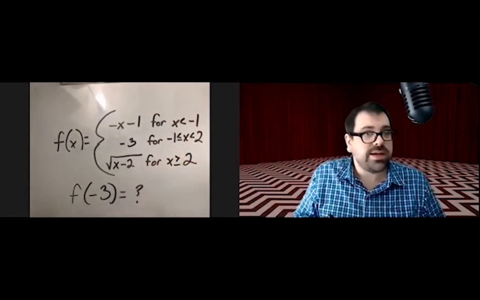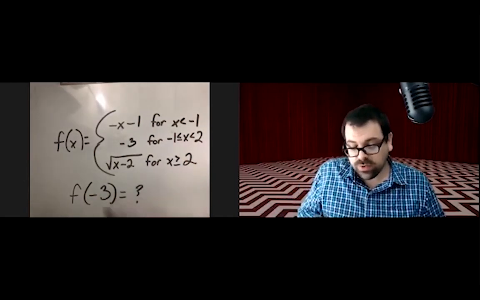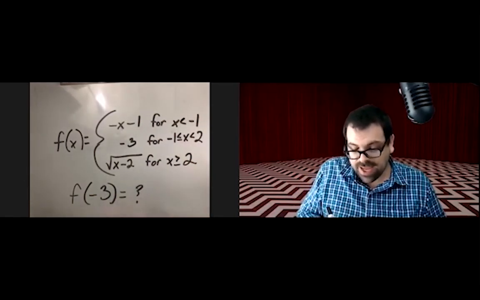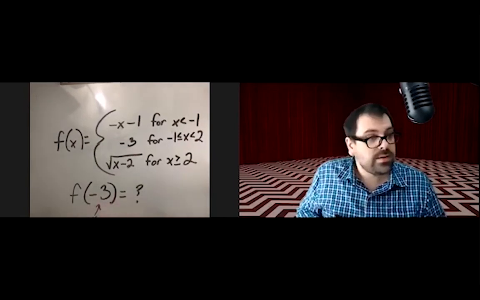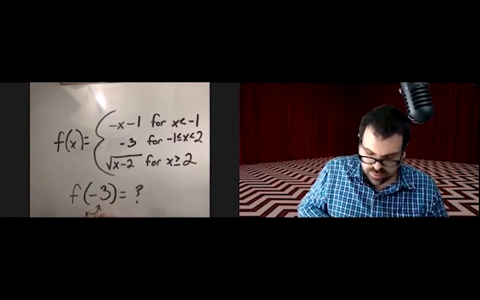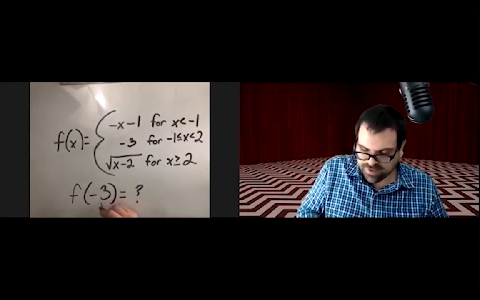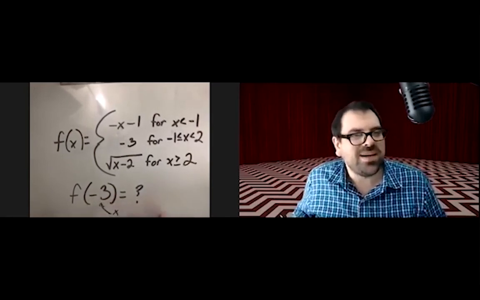But which one do we plug it into? Well, we look at the rule. f of negative 3 means x is negative 3.